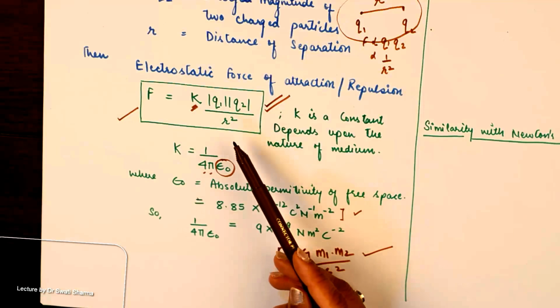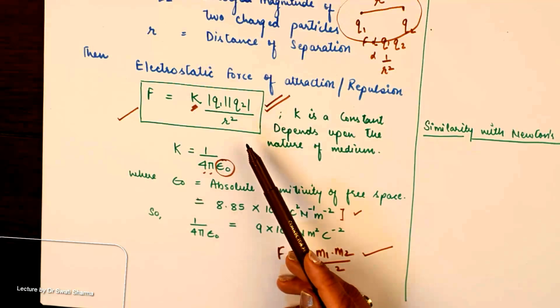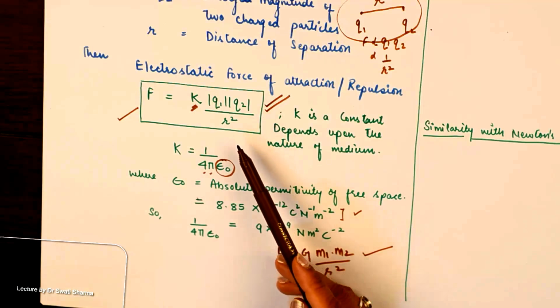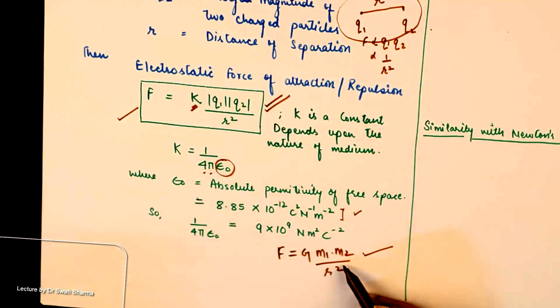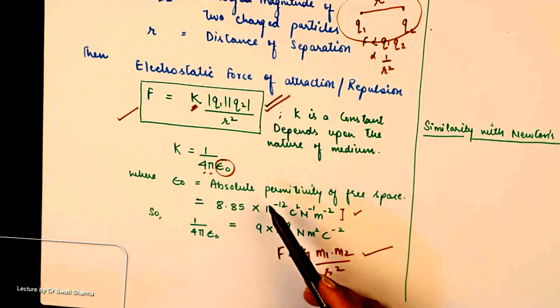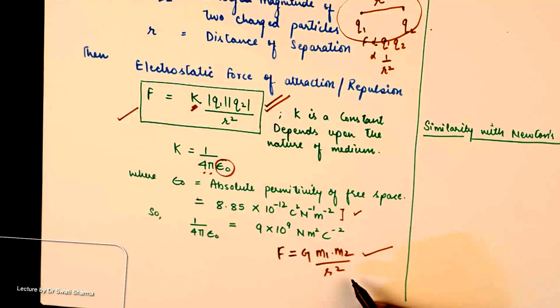This is the electrostatic force of attraction or repulsion existing between two different charges, whereas this is the gravitational force of attraction existing between two masses m1 and m2, again separated by a distance r. Both these laws are based on the inverse square law, as you can see from the mathematical expression.